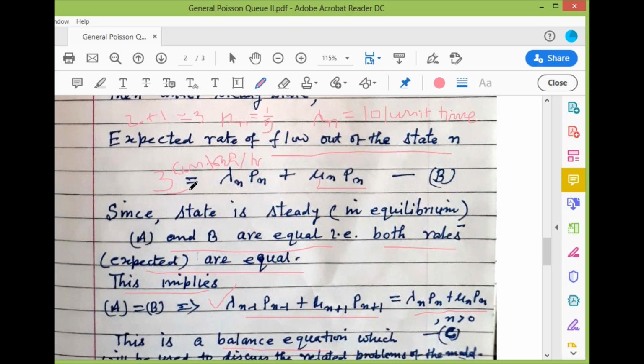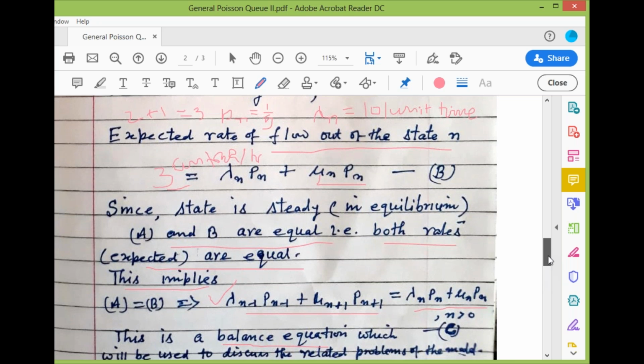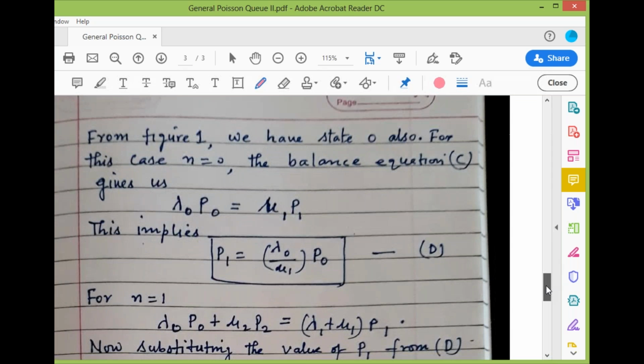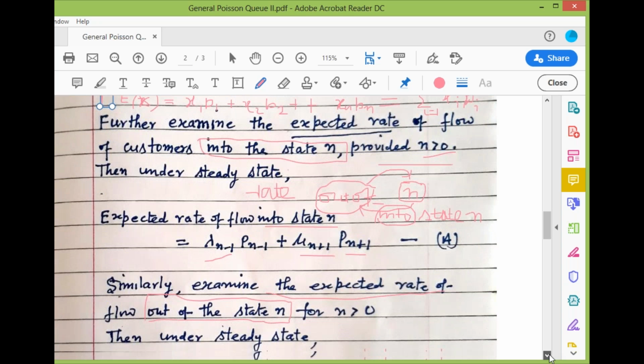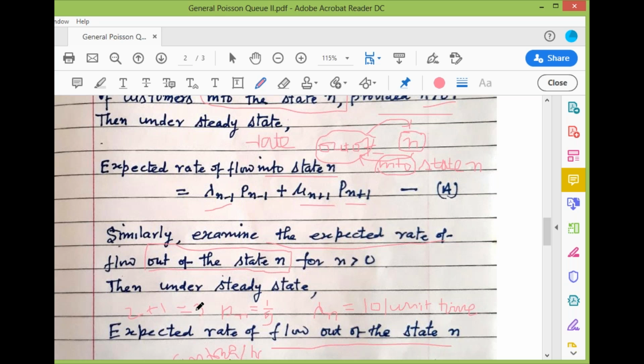So I mean to say the average inflow and average outflow are approximately equal under the steady state, and this is the reason we get this balance equation. If the outflow is 3, as in the example we were giving, then the inflow is also approximately 3. As many customers as are coming, all are getting service.